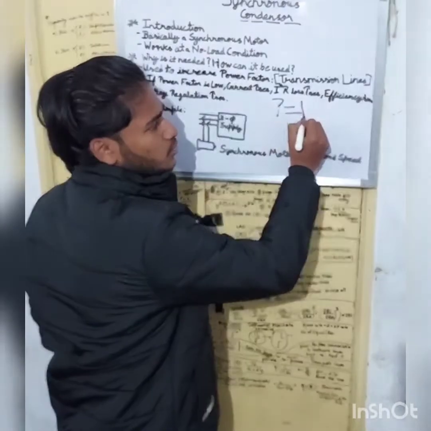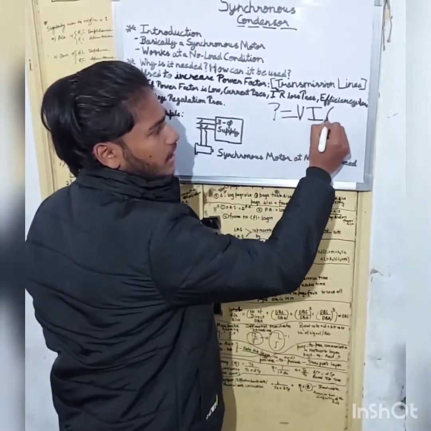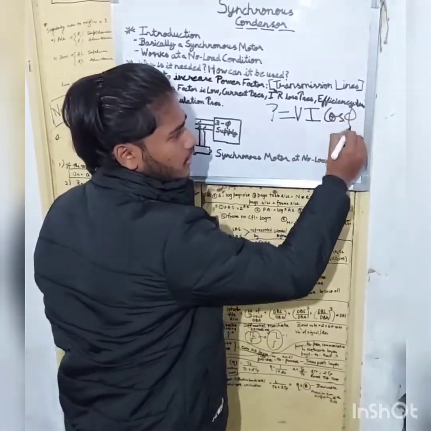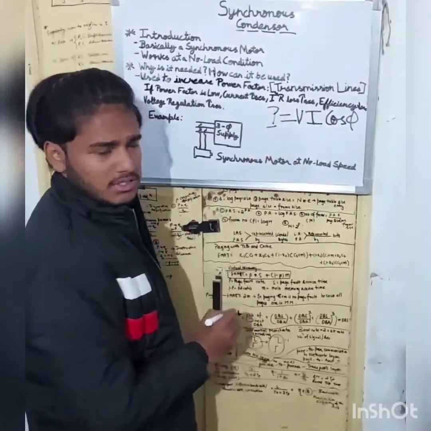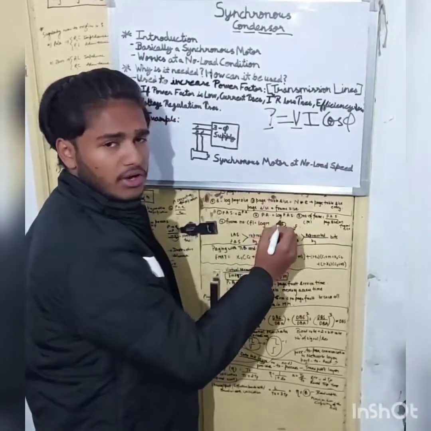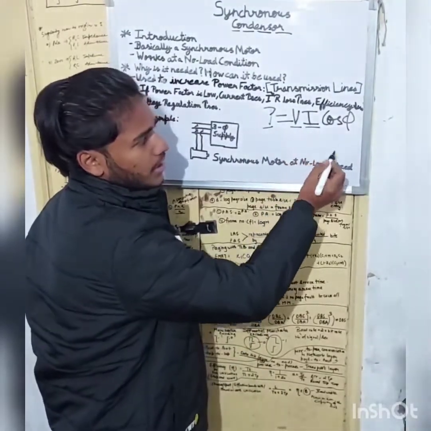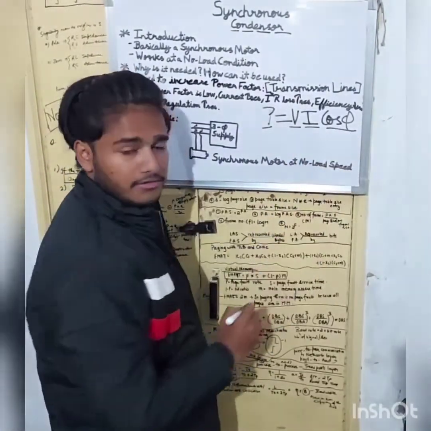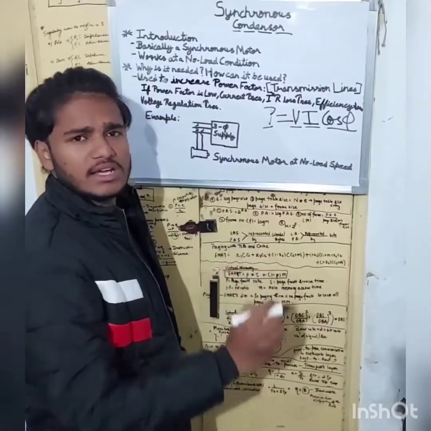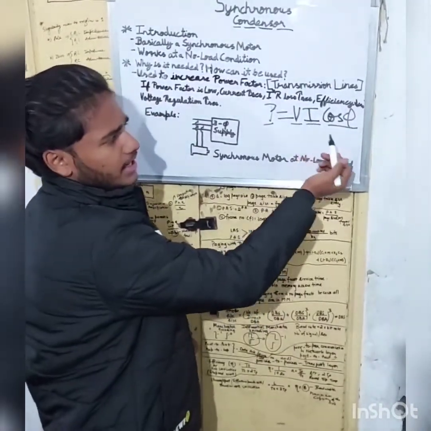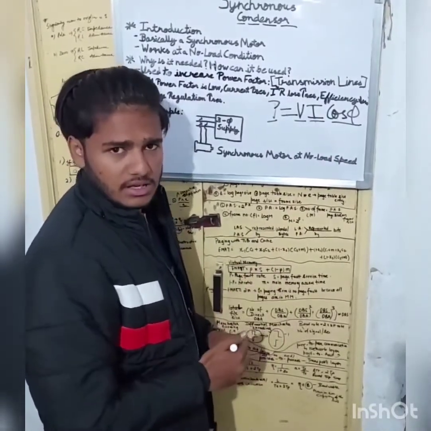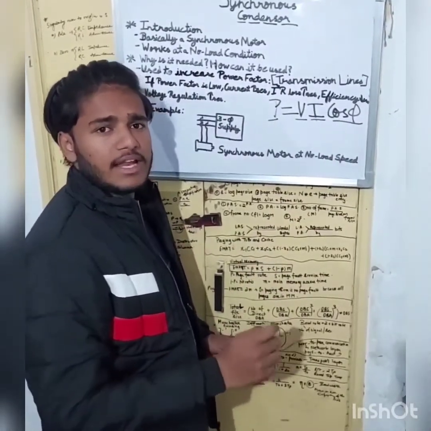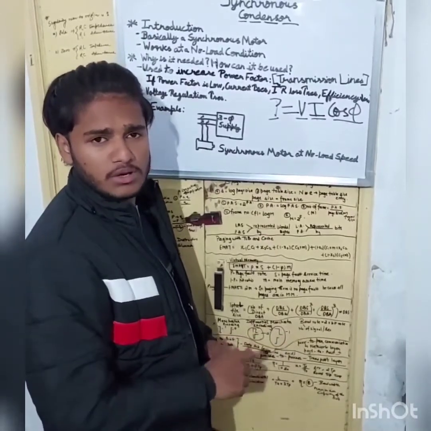P equals VI cos phi, wherein P is power, V is voltage, I is current, and cos phi is the power factor. So it is clearly visible that the current and the power factor are inversely proportional to each other. Let's say the value of power factor was to be low.